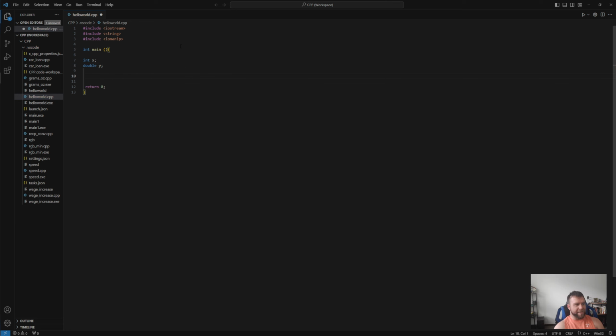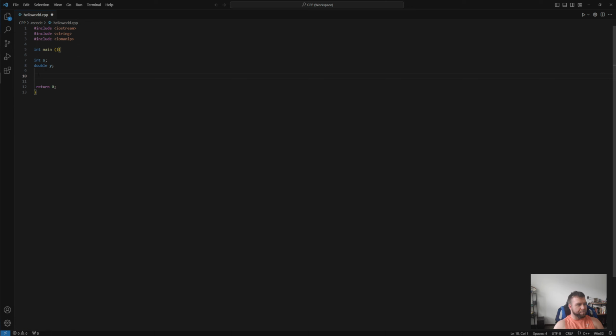So what is the difference between an integer and a double? An integer is going to be a number such as 10, 1, 2, 145, 1000, 5, stuff like that. A double is going to be a number such as 10.0, 1.58. It's going to have the decimal after it.